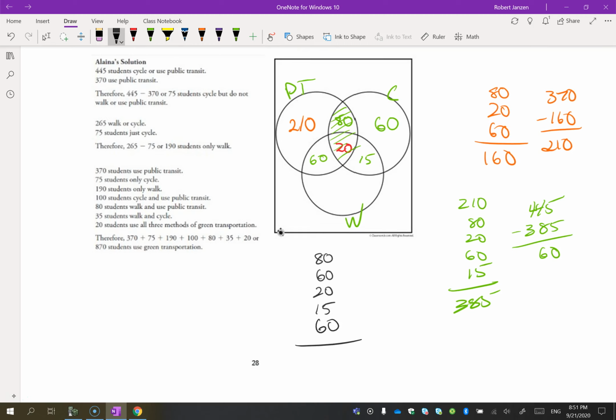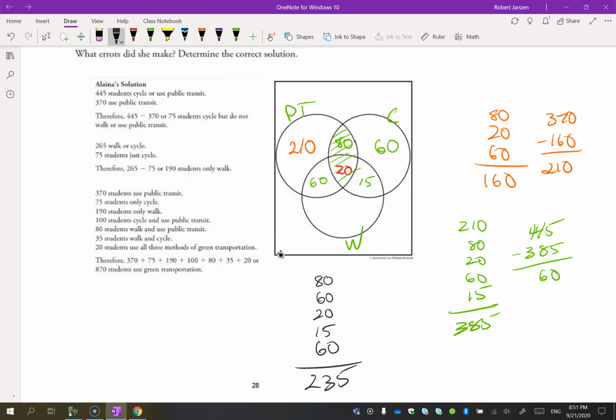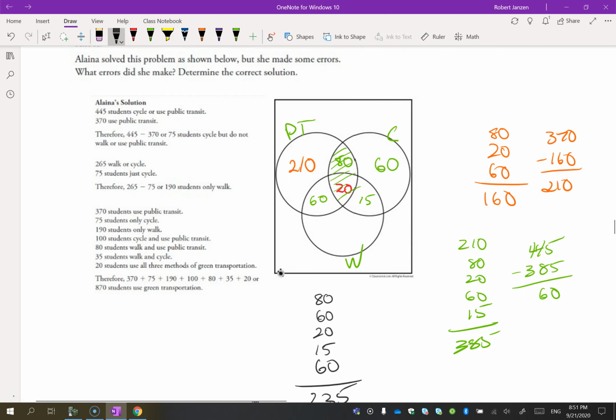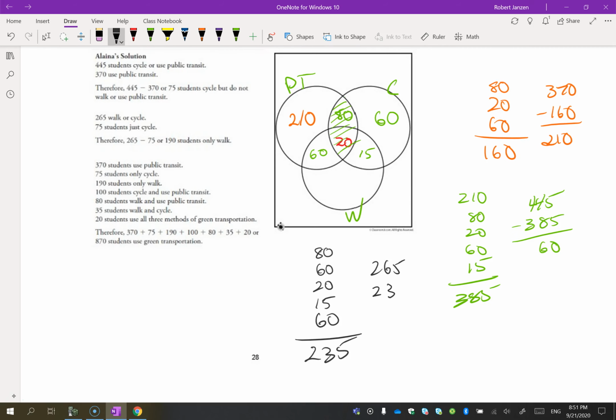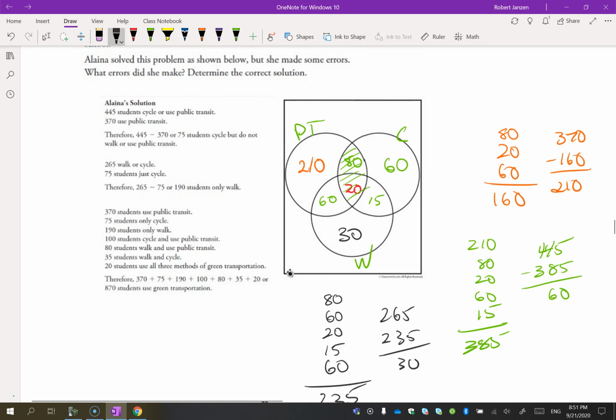That's 140, 200, 235. But we were just told that there's 265 in total. This means I must have 30 that walk only. Okay, so let's see how that compares to her solution.